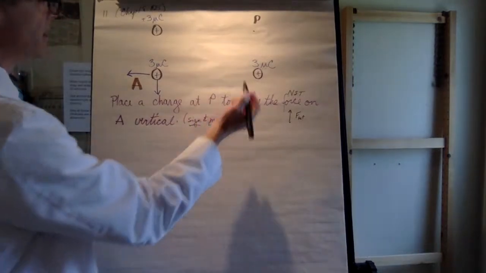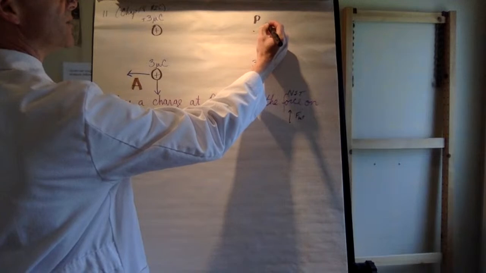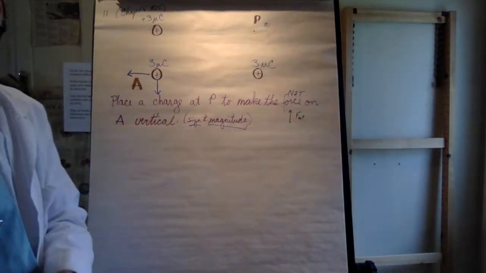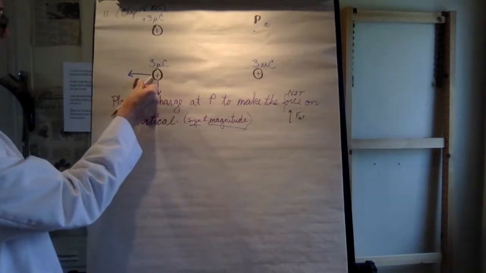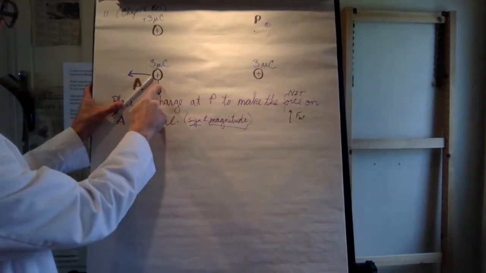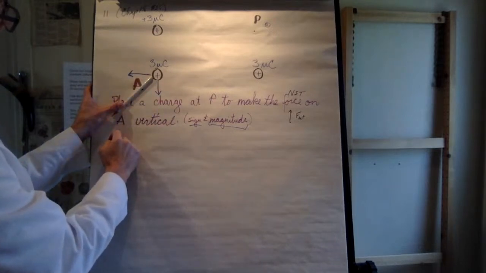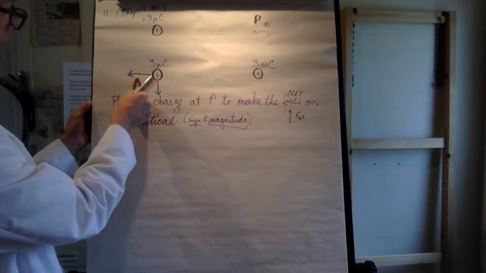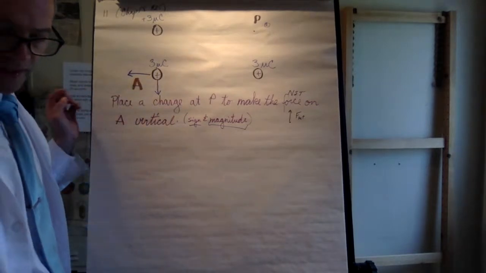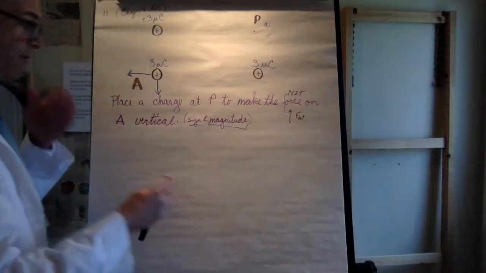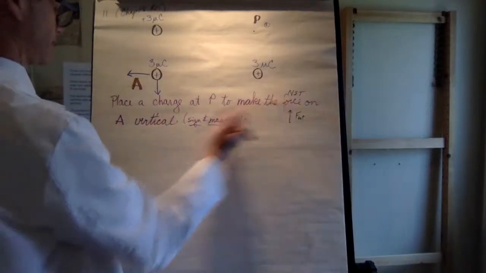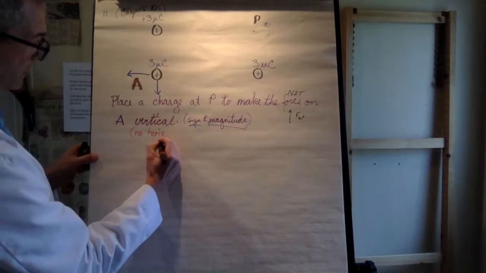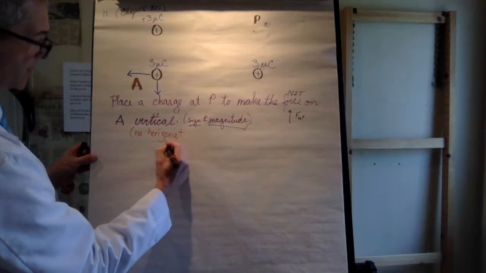So sign-wise, if I put a positive charge here, that's going to repel, and that's going to give me a push in that direction. And so, all right, that doesn't end up vertical in any way, shape, or form. When we say vertical, we really mean no horizontal components.